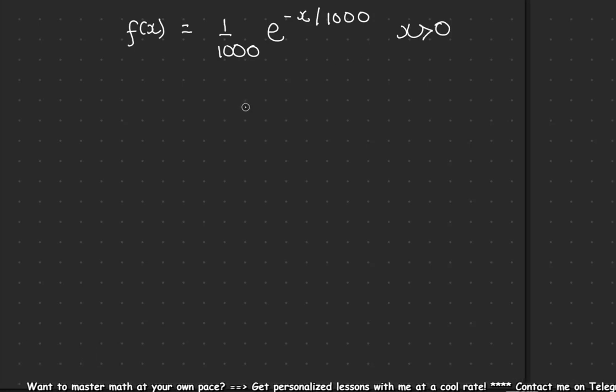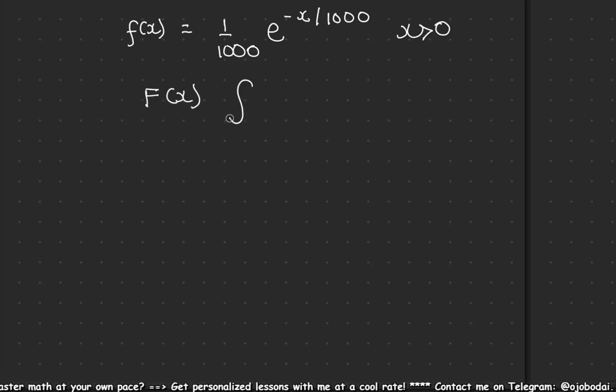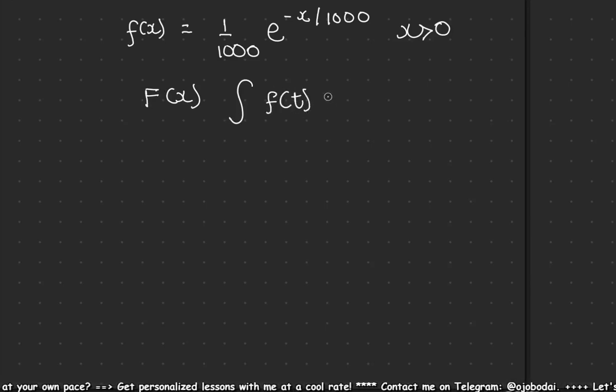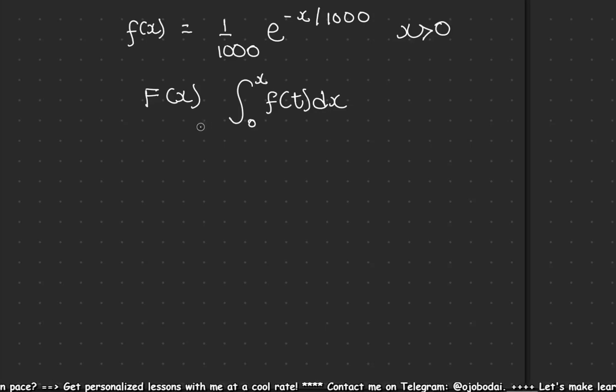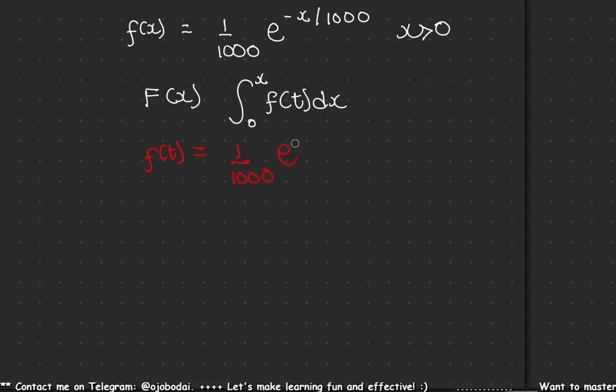If from this we want to get our cumulative distribution function, then it is equal to the integral of the probability density function, from 0 to x as the limit. So our f of t is equal to what we have over here, 1 over 1,000 e to the power negative t over 1,000.